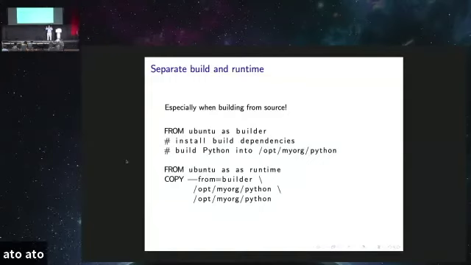Then in the next stage, you do FROM Ubuntu AS runtime, and then you copy the Python from the builder. That will give you what you want, right? Now you have something that has Python, and does not have all the build dependencies that you installed in the first two stages. That's basically the template for all variants. Regardless of whether it's Python you're building or the extensions, that's going to be the basic skeleton that you fit your stuff into.